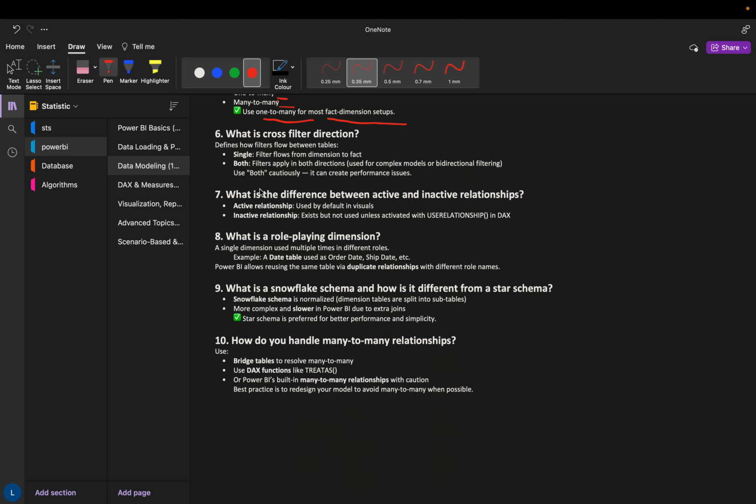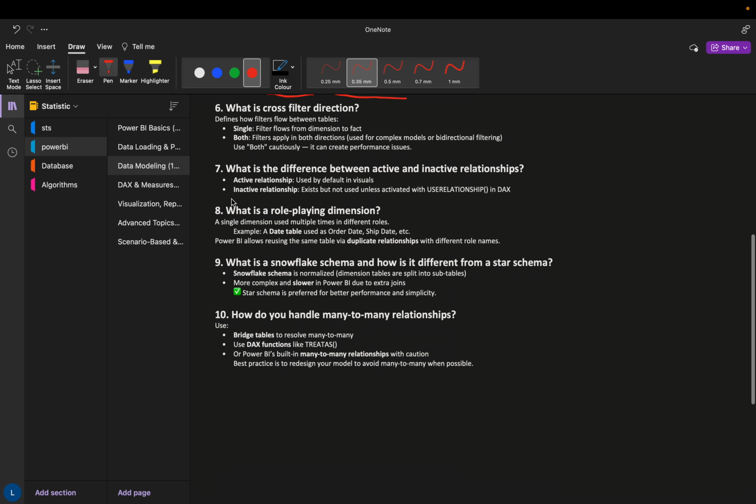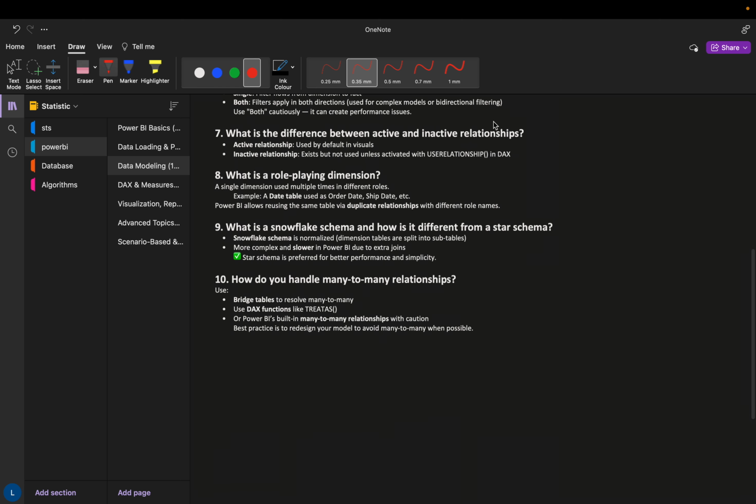We are now moving to the next question: what is the difference between active and inactive relationship in Power BI? An active relationship is used by default. It is set as default in a visual.